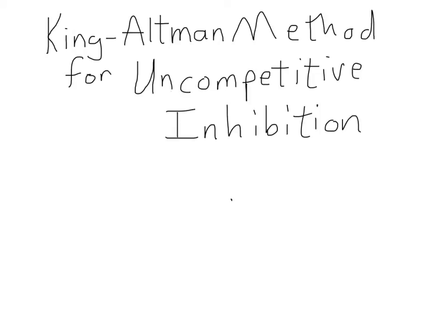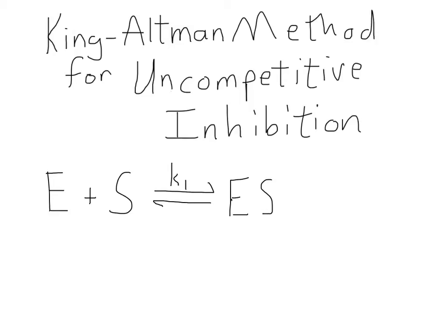Now, to start with, we're going to think about our enzyme, which we're going to symbolize as we've been doing with a capital E, colliding with substrate according to rate constant K1 to form the ES enzyme substrate complex, which can dissociate back to free enzyme and free substrate according to rate constant K2, or go on to form product according to rate constant K3. So we regenerate free enzyme and we form product.